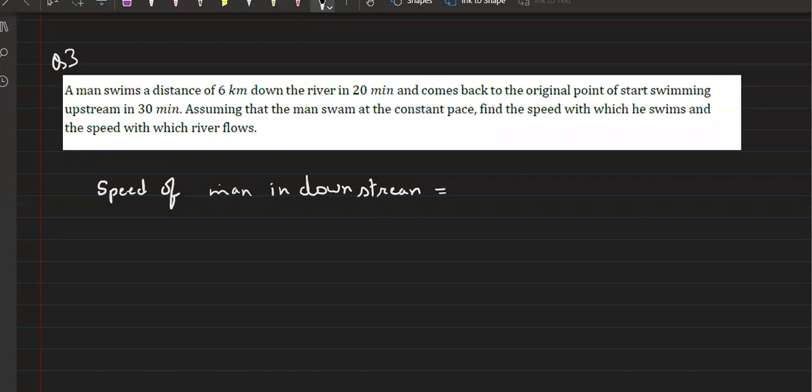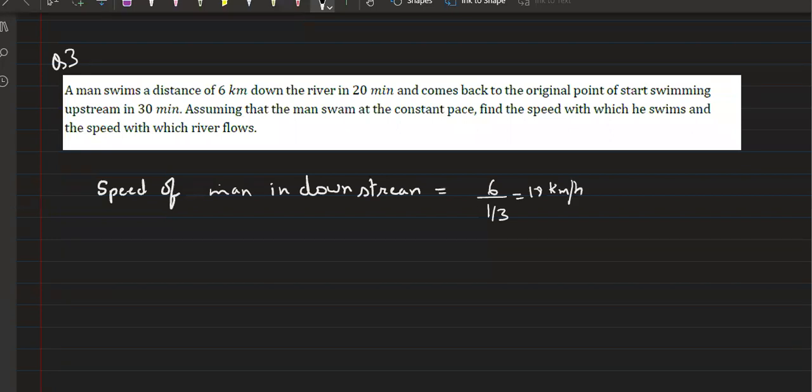So what is the speed of man in downstream? 6 kilometers in 20 minutes. So it will be 6 divided by 1 by 3, which is 18 kilometers per hour.